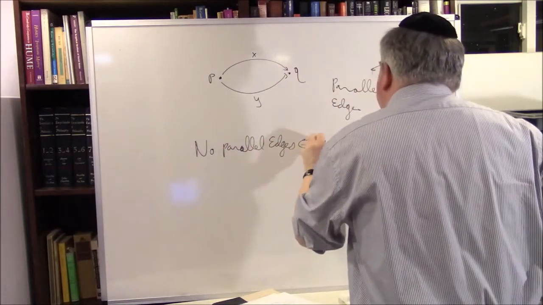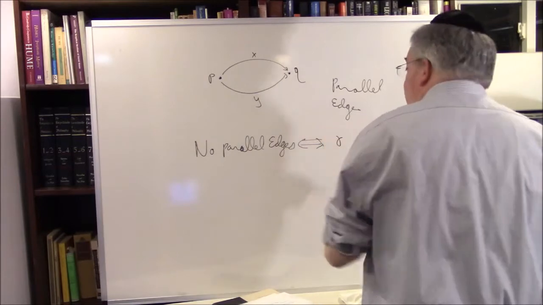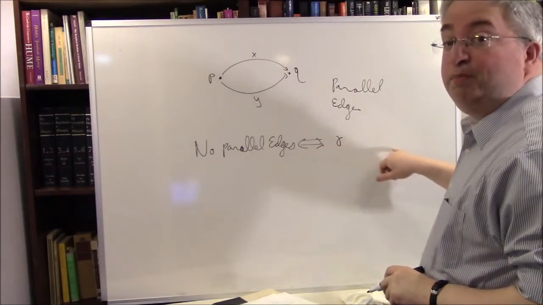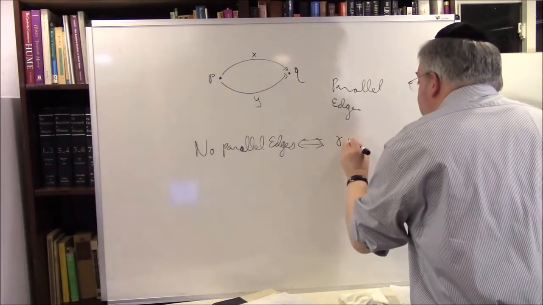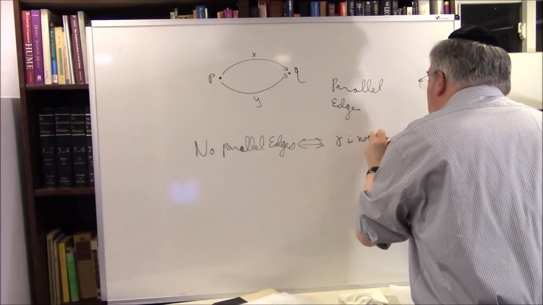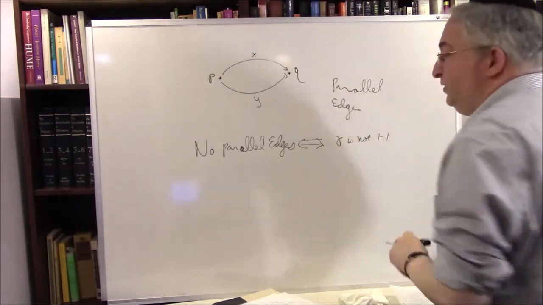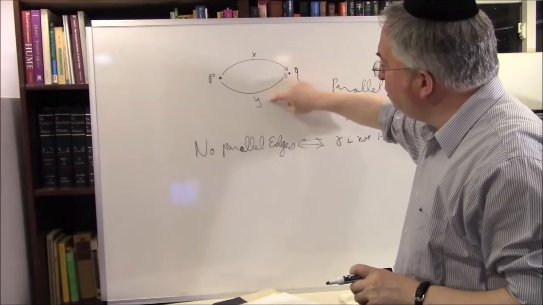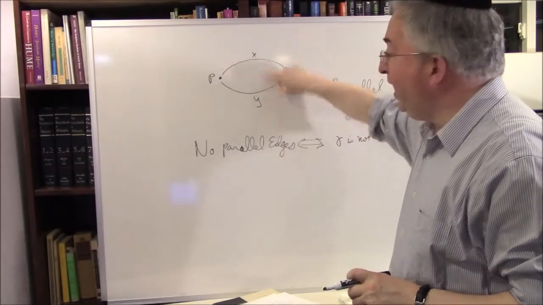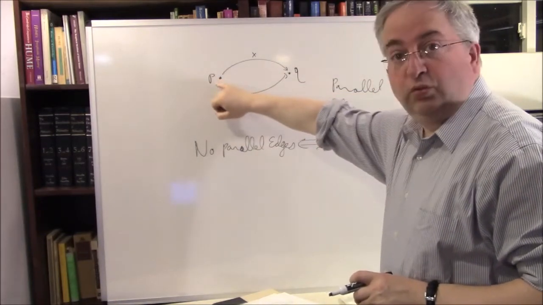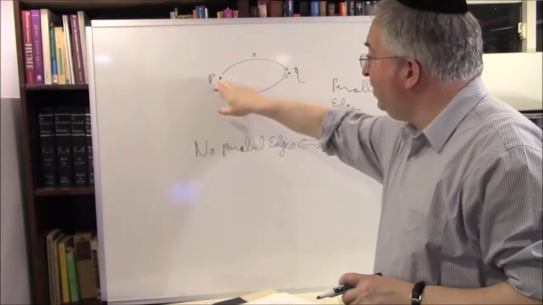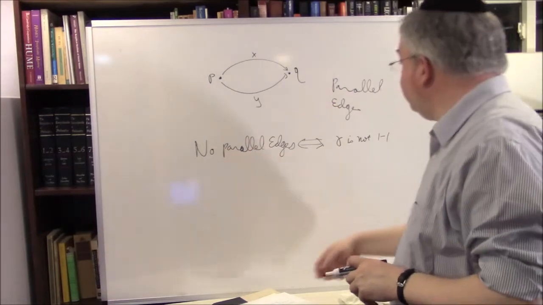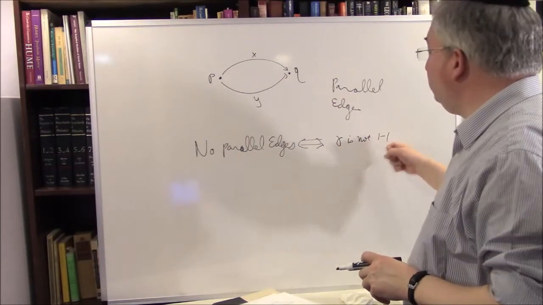No parallel edges is the same thing as saying that gamma, remember gamma? Gamma is the function from the edges to pairs of points, is 1 to 1. Let's just see what that means. This has parallel edges, so you have two different edges x and y, and gamma takes them from P to Q. So no parallel edges means gamma is not 1 to 1.